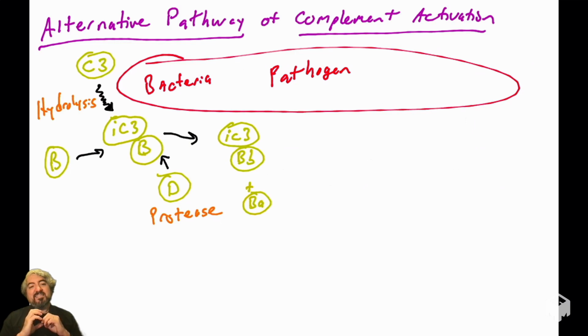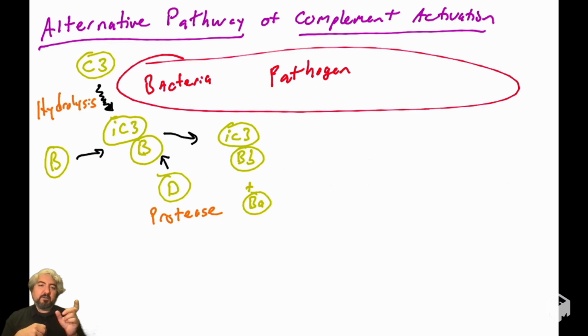So factor D is a protease, and its substrate is factor B when factor B is bound to IC3. Now, what happened to factor B? Factor D cleaved factor B, broke a peptide bond, and separated two parts of this factor B protein. We're going to call these two parts BB and BA.